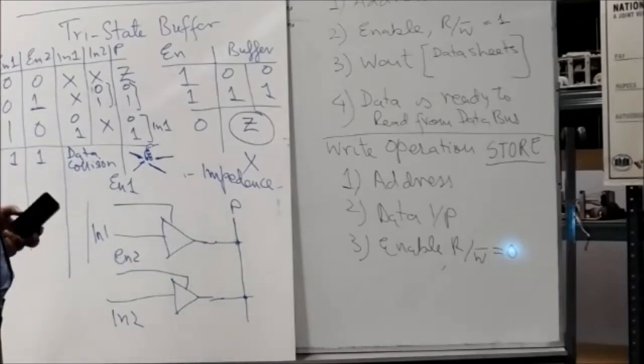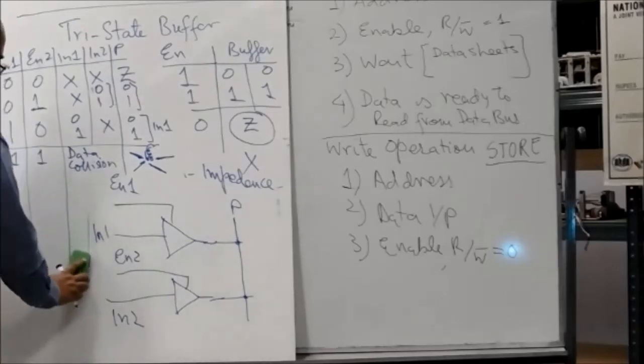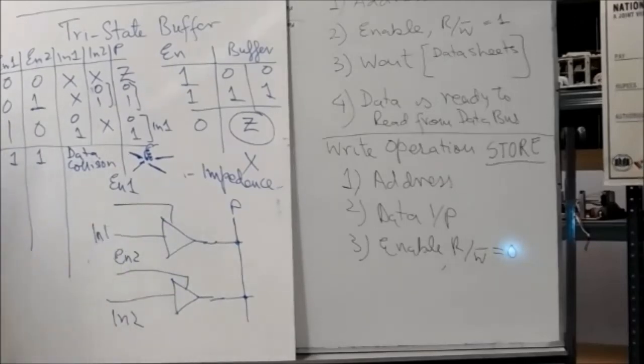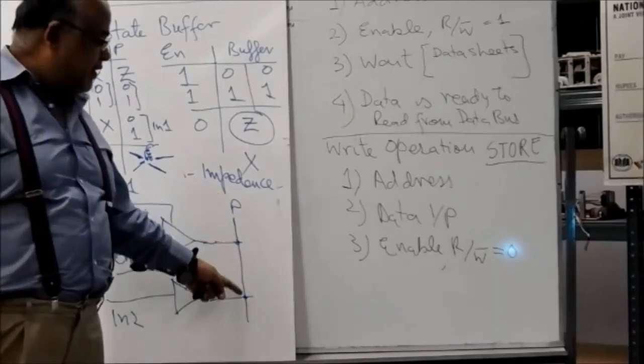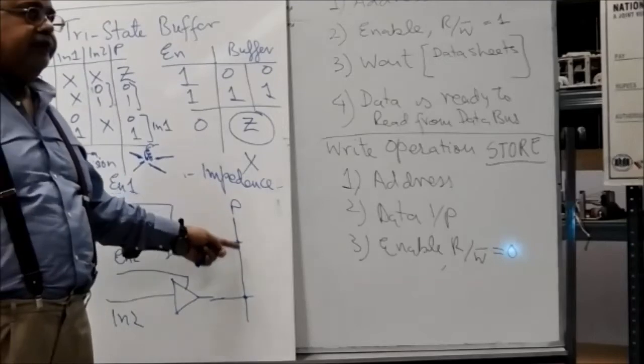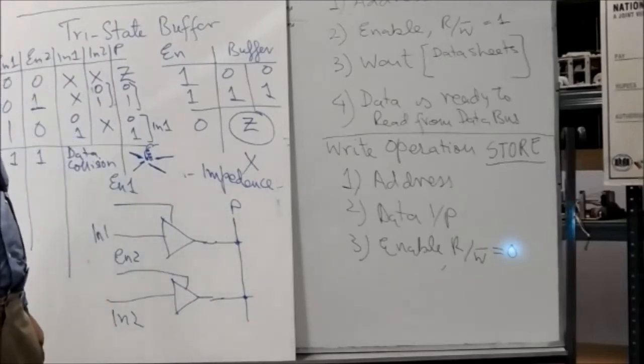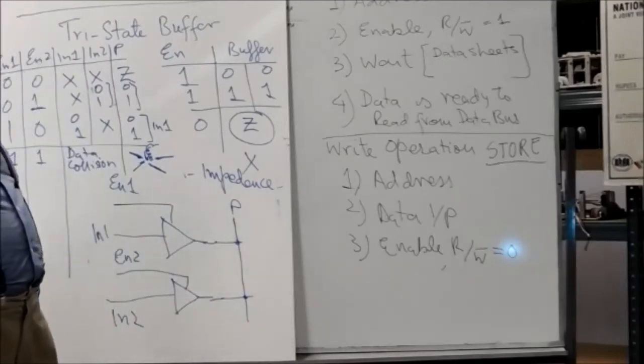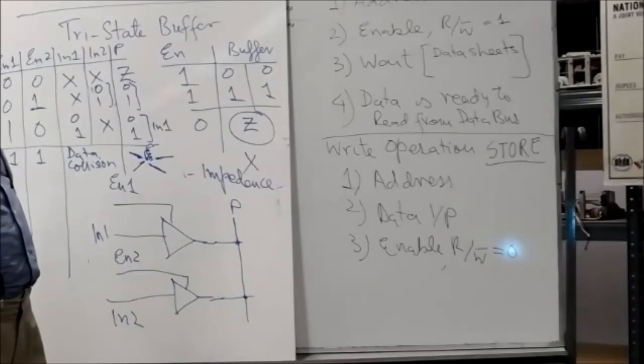So all the packets will drop. So this is a very important way of connecting different outputs together on one single line. And this is called the use of the tri-state buffer. So very important, tri-state buffer.